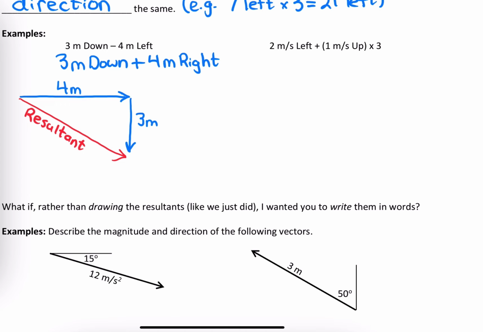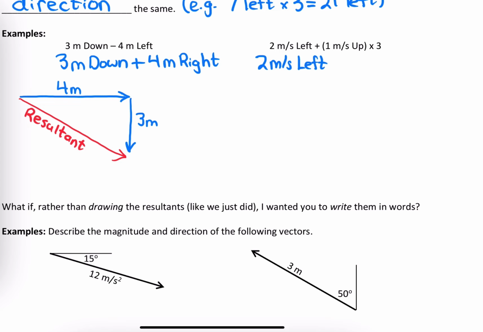So we have a little BEDMAS to deal with here. I have to add something and I have to multiply something. The order I'm going to do those in is the multiplication first. So rewriting this, it's going to be 2 meters per second left.